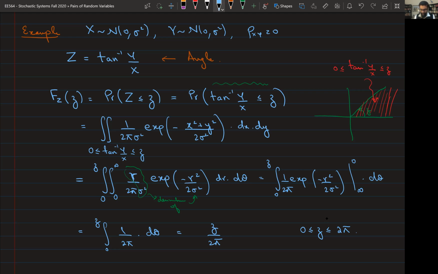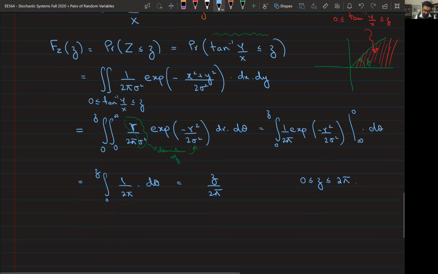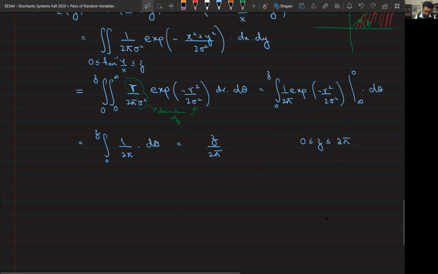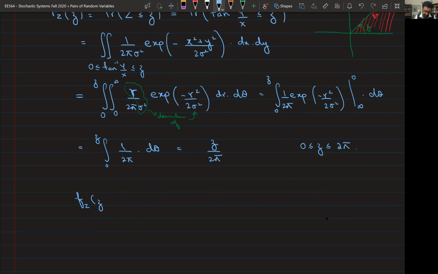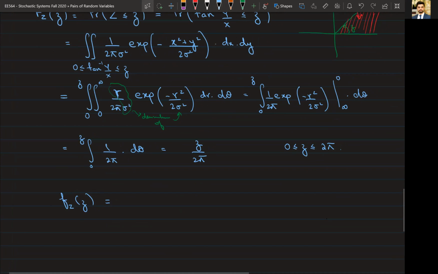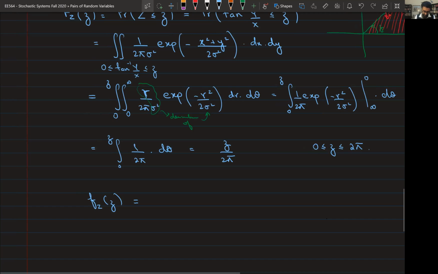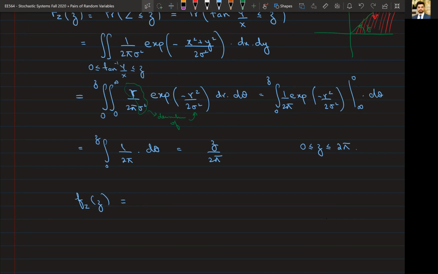Okay. Now, if you differentiate, what kind of random variable will this turn out to be? So what would be f z of z? I just differentiate, right? Sir, I wanted to answer, but I'm withdrawing.